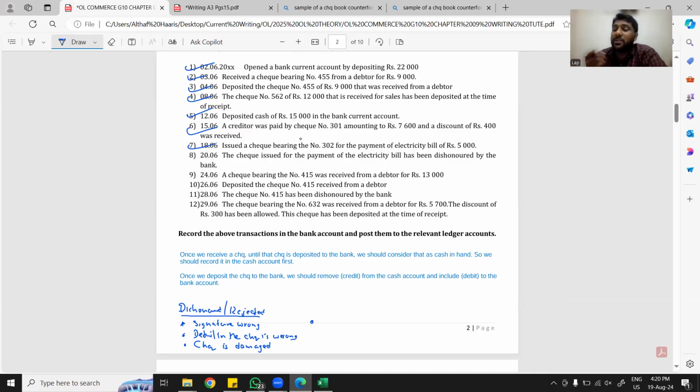Sometimes if the bank balance is not sufficient. Sufficient means enough to make the payment. You are issuing a check for 50,000, but in your bank account only 10,000 is there.